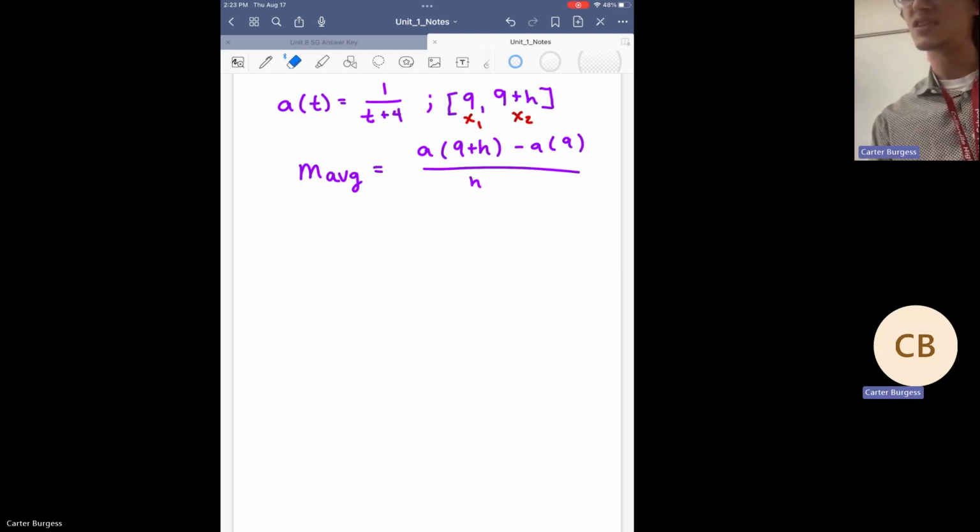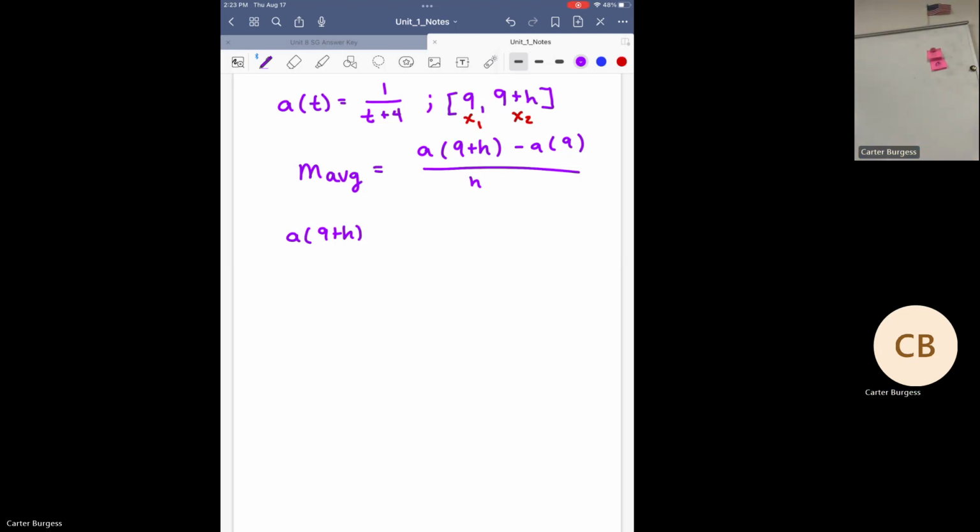All right. Let's figure out what's going on with a of 9 plus h. What is this asking me to do? Is this asking me to distribute here, a of 9 plus h?